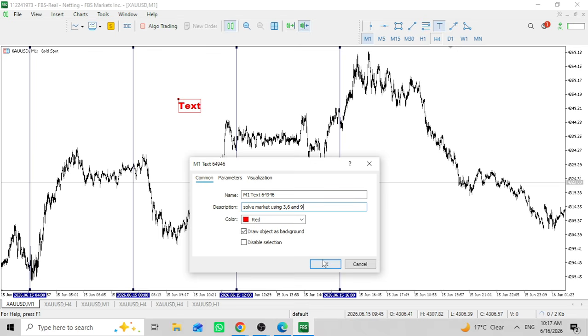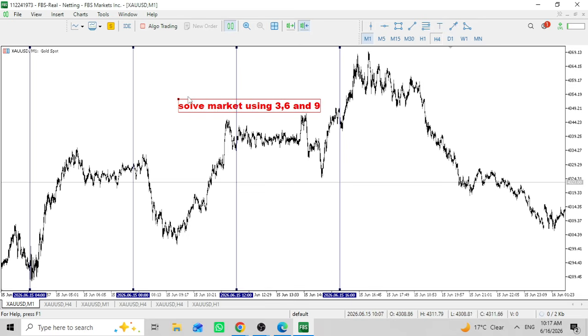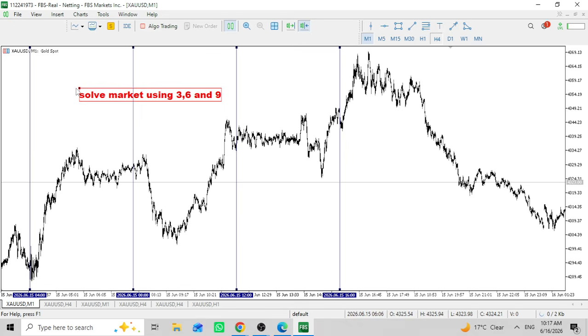You know, people say this is the cheat code to everything. 3, 6, and 9. Because all the numbers have a way of meeting to 3, 6, and 9.